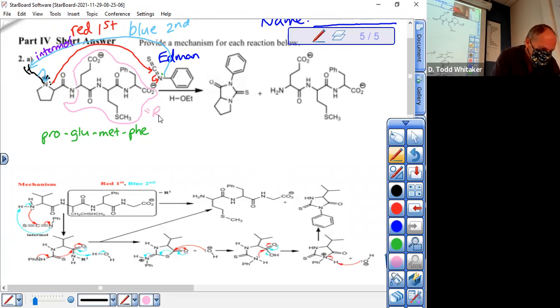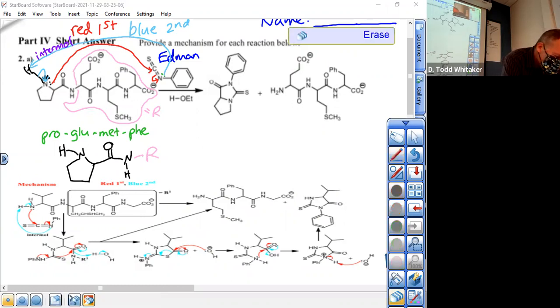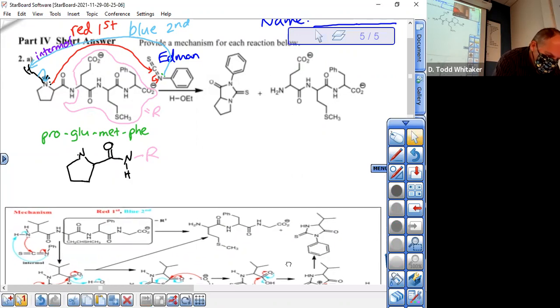So you're going to have R attached to NH, attached to carbonyl, attached to a carbon that goes to a nitrogen that has an H on it, part of a ring. That H is gone. Should look at my mechanism a little more closely. Moving our guide down because I need the room.